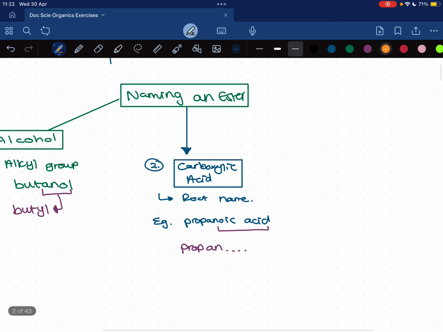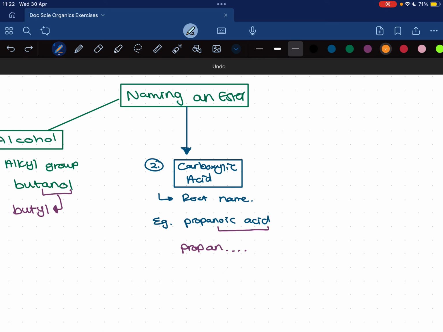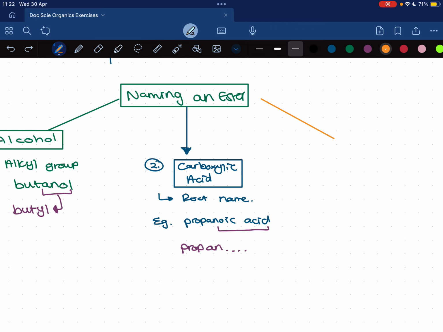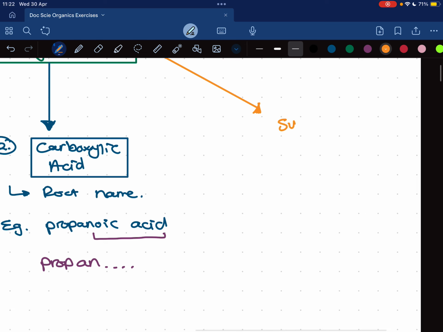In the last part, which is the suffix. So the suffix for all carboxylic acids must end in the word oate. It comes from this idea that the oic part changes to oate.